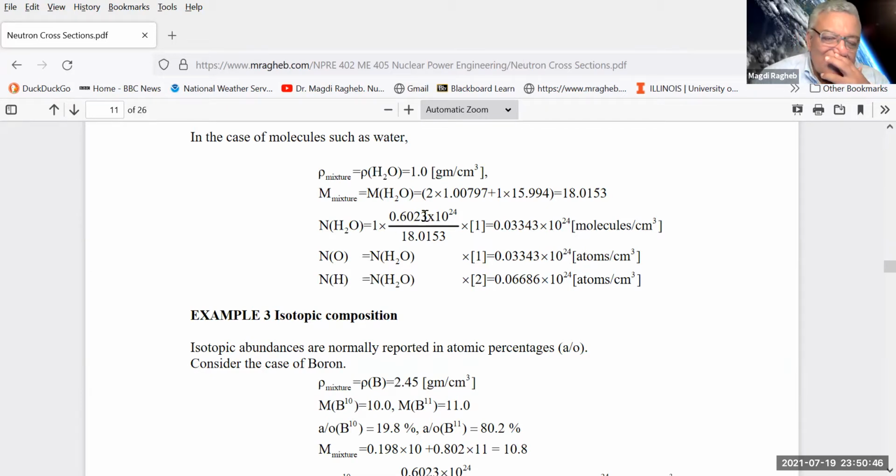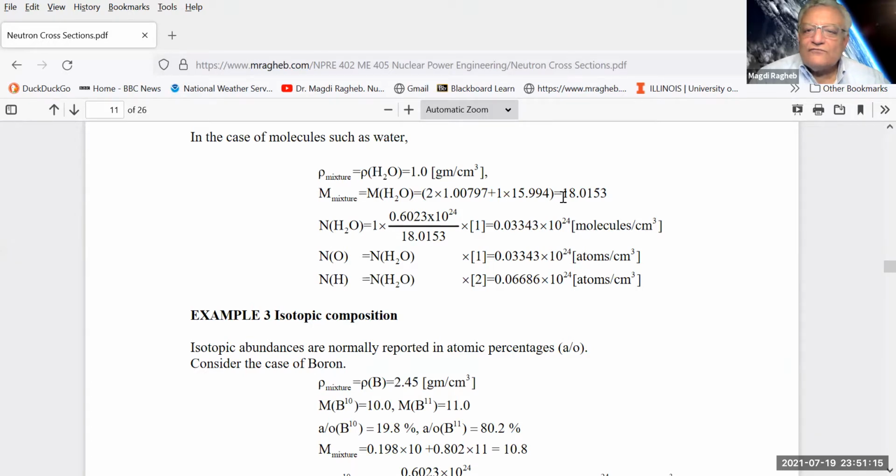And you notice why previously, when we described Avogadro's number, we didn't write it as 6 times 10 to the 23rd power, like in other sources, textbooks or reports. We used 0.6 times 10 to the 24th because the 24 will cancel later on when you multiply that capital N by the cross section, which is 10 to the minus 24. So they cancel out, and we write Avogadro's number as 0.6 times 10 to the 24th power.